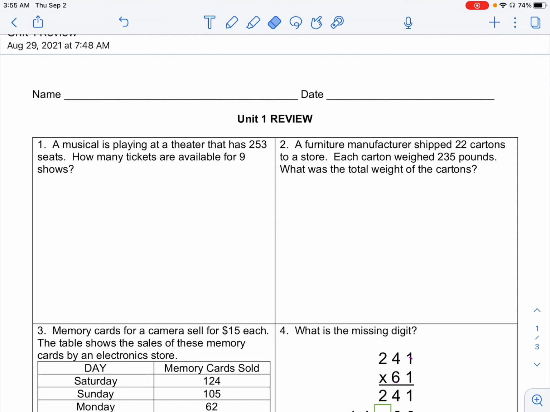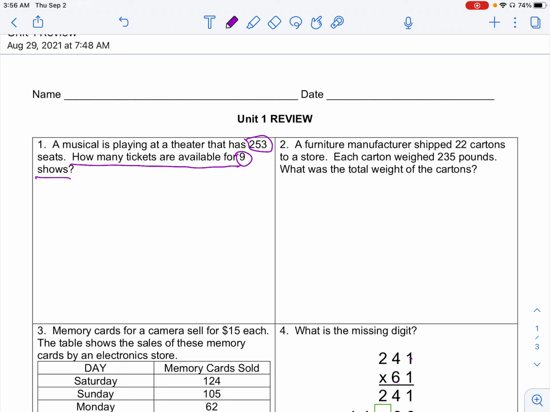We circle our numbers, underline our question to answer, and box any keywords. Now this word problem doesn't really have any keywords. Maybe you might have boxed in how many, but how many doesn't tell you if you're multiplying or dividing. Anyway, this is going to be 9 times 253.